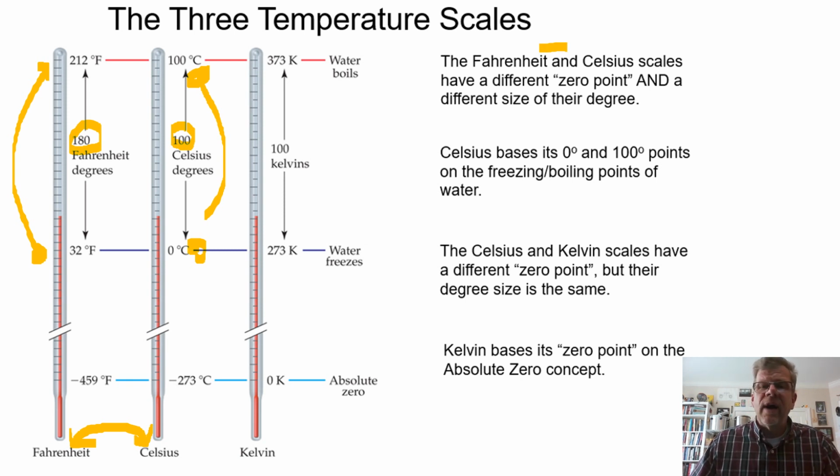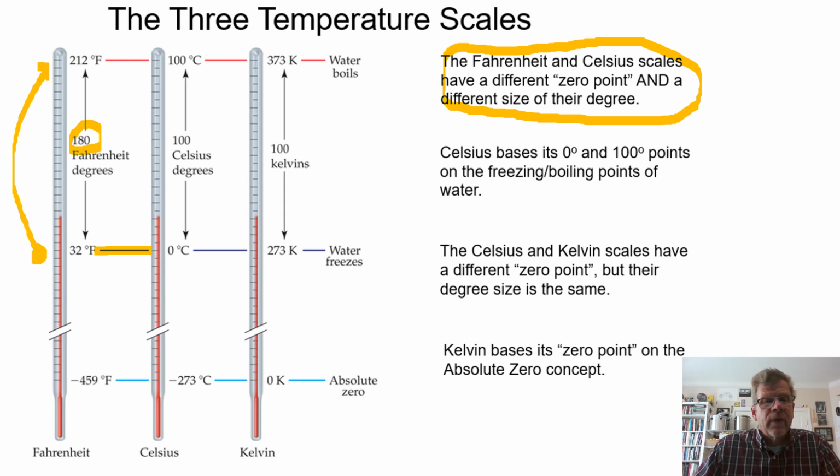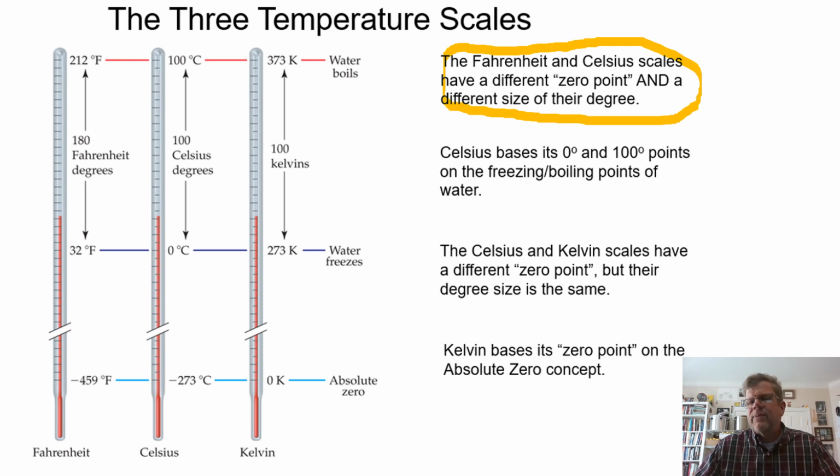So the Fahrenheit and the Celsius scales have a different size of the degree, and we have a different 0 point, if you will. So the Fahrenheit is a smaller degree, and the Celsius is a larger degree. Moving along, if we were to look more carefully at Celsius, it seems to fit into the program a little better, if you will.